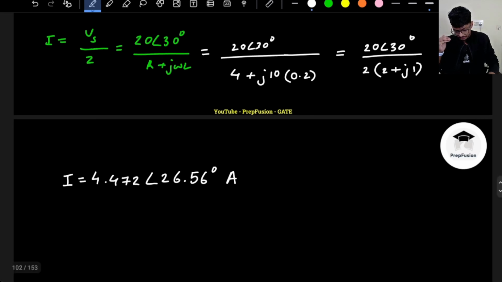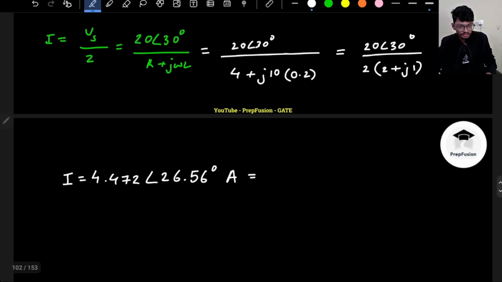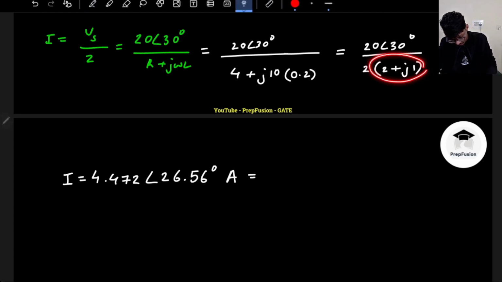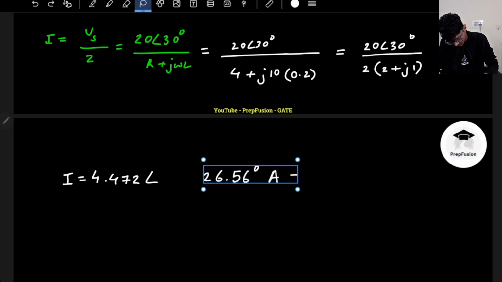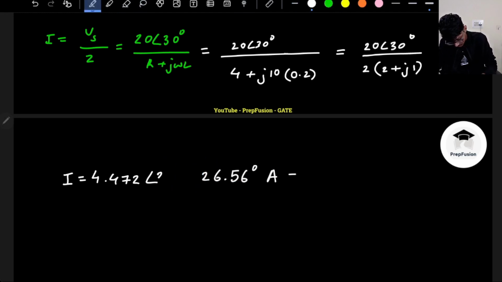Now can I convert this back into sinusoid, because I want to write everything in terms of sinusoid? This 26.56 is not the current, actually this is the angle of the impedance. I have to subtract it from 30, so I forgot to subtract from 30. So this will be 30 degrees minus 26.56, which is 3.44.